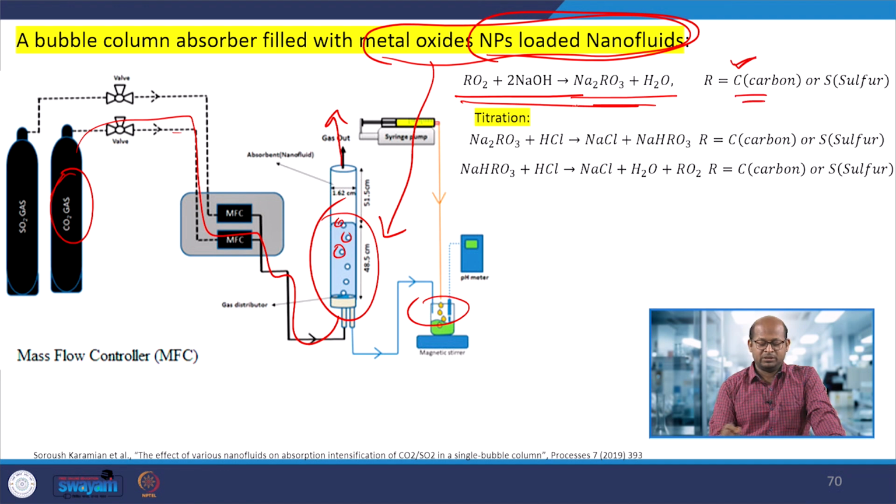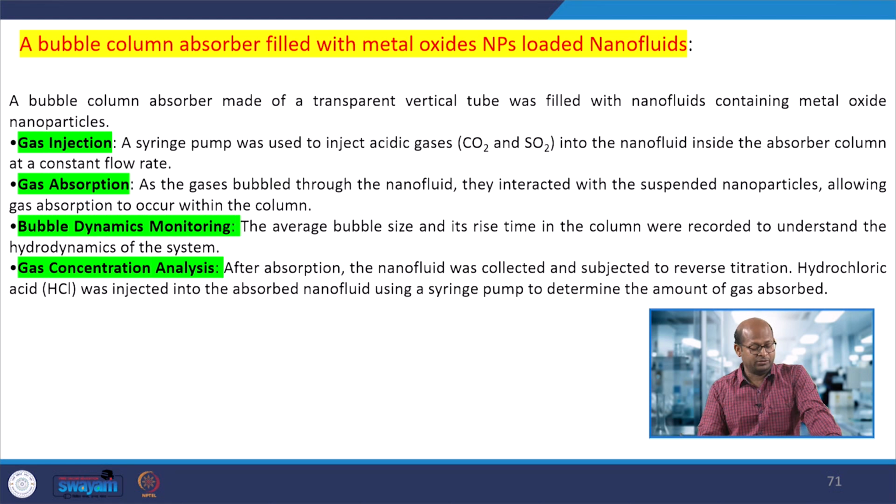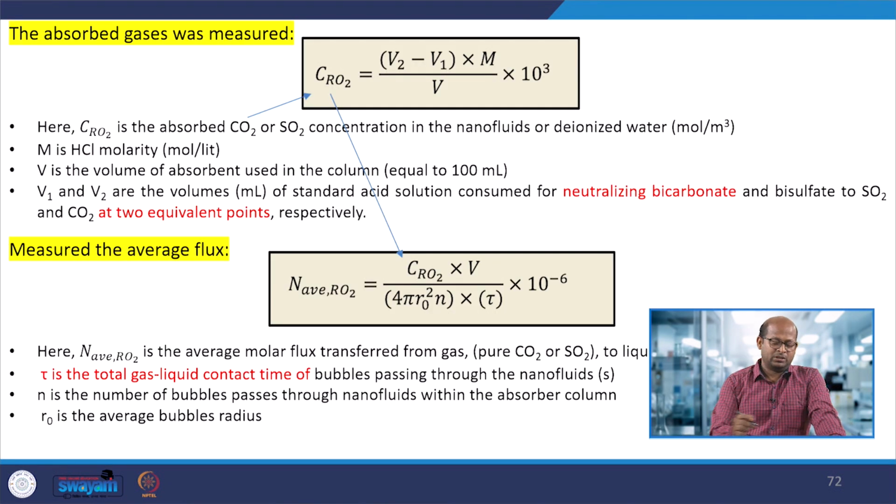So by considering base solutions, how much quantity of base is used gives the quantity of CO2 that gets absorbed. Okay. So here the concentration of the CO2 we can find out.